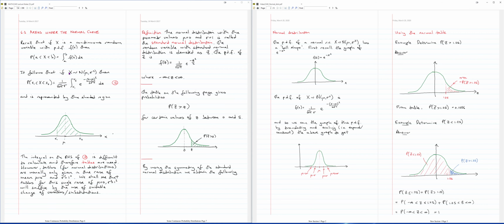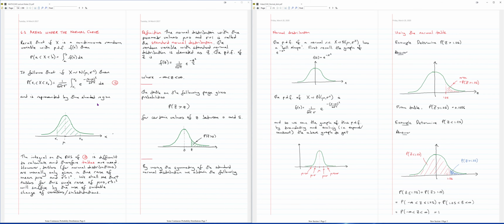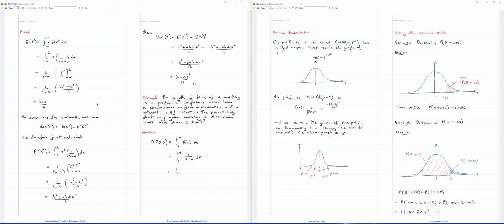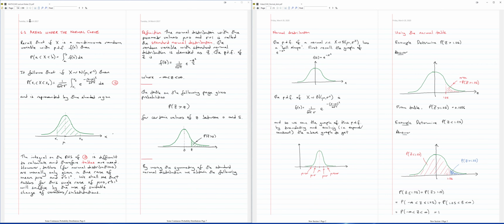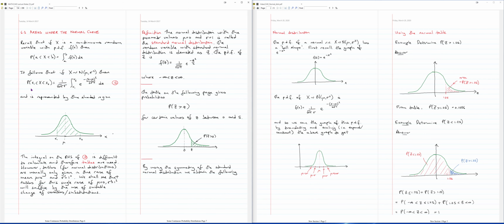So x is a continuous random variable with this PDF. If you wanted to use this integration formula, you'd put your PDF over here with the exponential, and the x minus mu squared and the sigma squared down there.